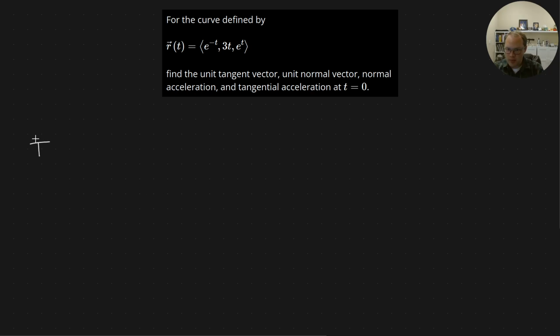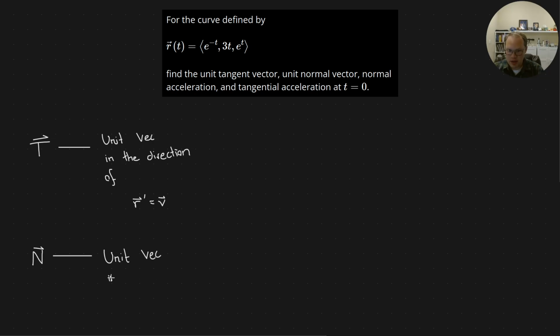So first off, remember the unit tangent vector is the unit vector in the direction of the first derivative. Now in this case, we're thinking about this as a position function. So often, instead of calling this the first derivative, we'll call this the velocity. The unit normal vector is similar, but the formula is just a little more complex.